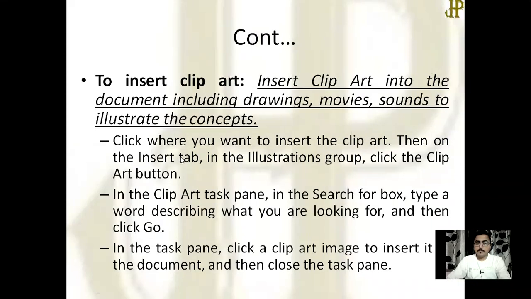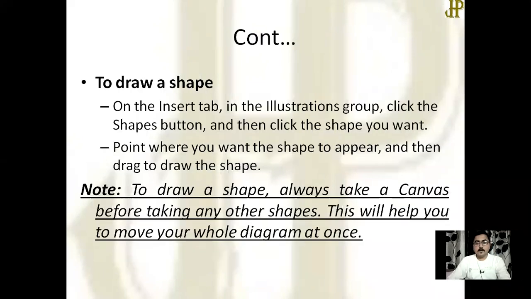Okay, with the help of clip art, you can insert some movies, some sounds in your document. I have already described what shapes are, and we have to take care that whenever you want to draw a shape, always take a canvas before taking any other shapes. This will help you to move your whole diagram at once.